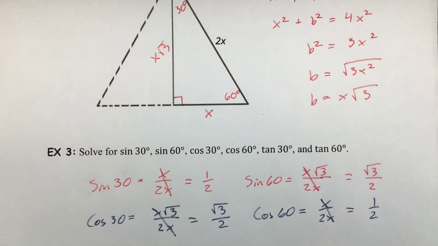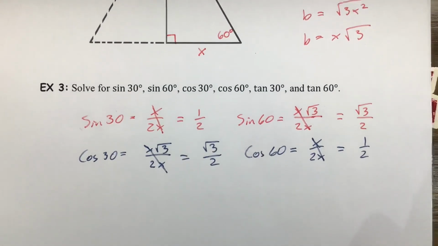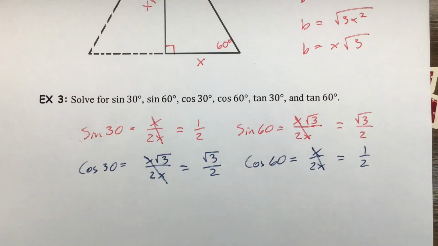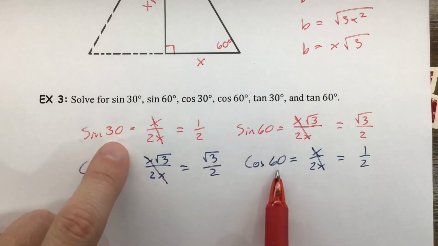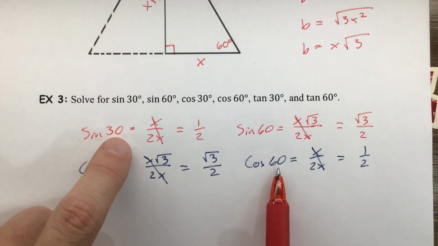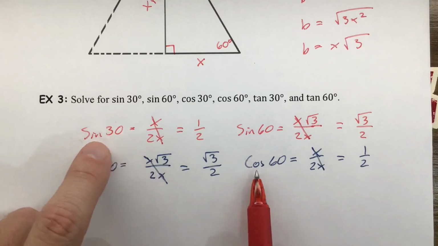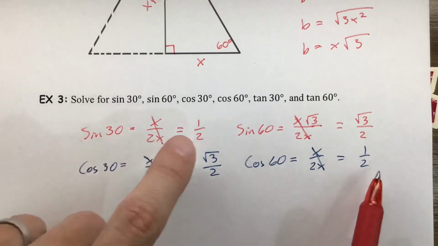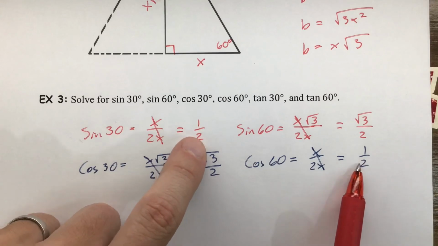All right, now I'm going to give you a little piece of information that you're going to see later on, but you might remember it or might plant a seed in your brain for later. Between sine and cosine, if you use complements, like the sine of 30 and the cosine of 60, so 30 and 60 are complements of each other, if you use the complements in the two different functions, you do get the same result.